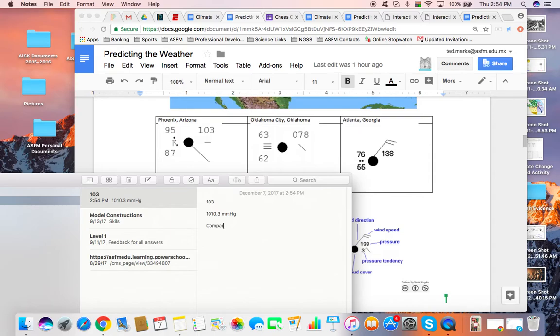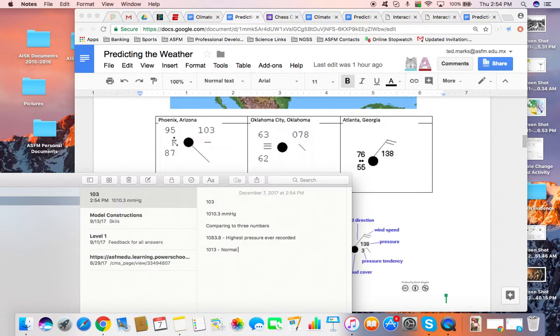And you're comparing it to 3 numbers. The first number is 1083.8. This is the highest pressure ever recorded on Earth, okay? Normal pressure at sea level is 1013.